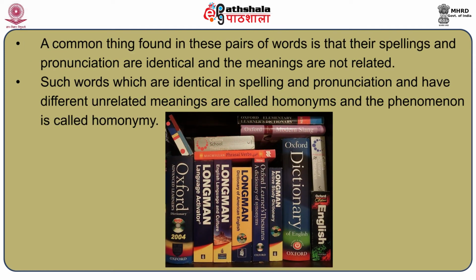In cases of homonymy, a common thing is found in the pair of words which are identical in spelling or pronunciation but different in meaning and senses. Such words which are identical in spelling and pronunciation and have different unrelated meanings are called homonyms. And the phenomenon is known as homonymy.